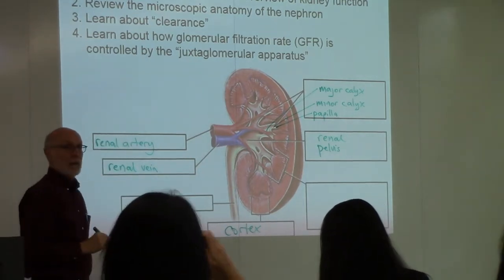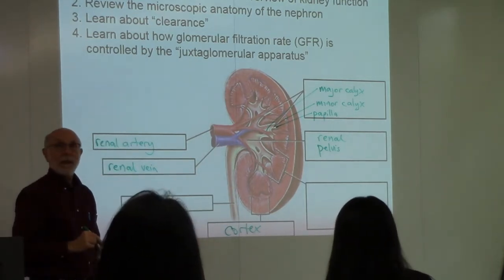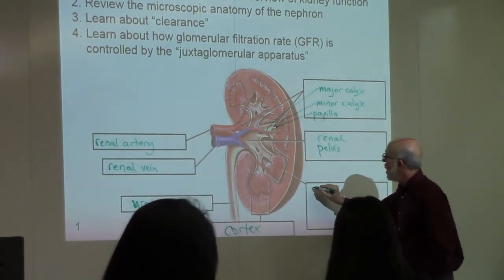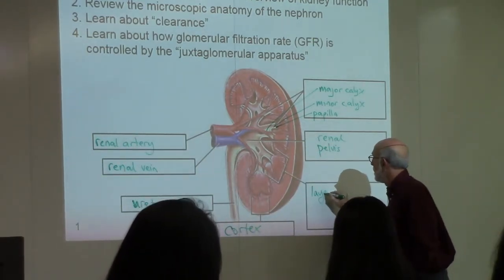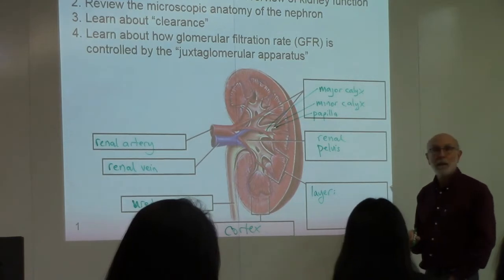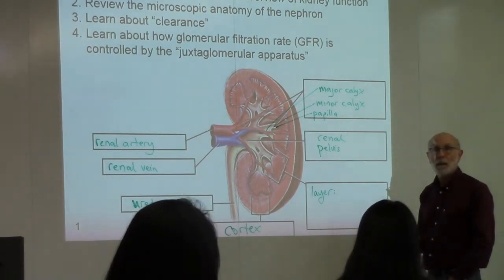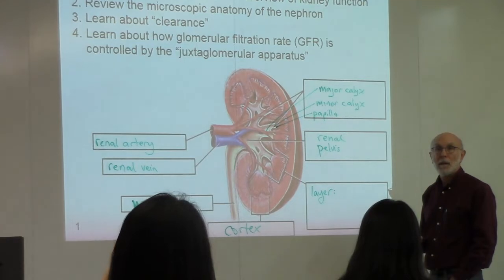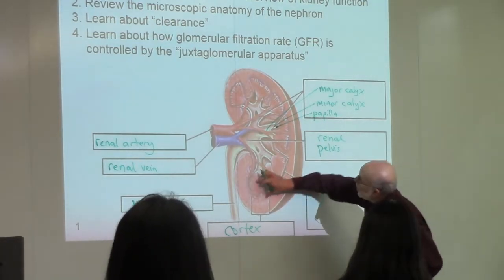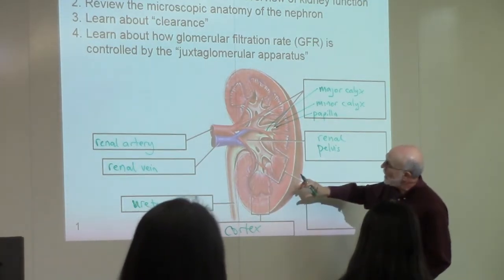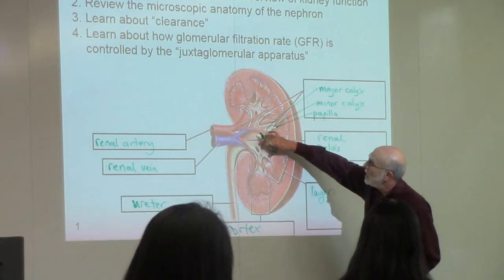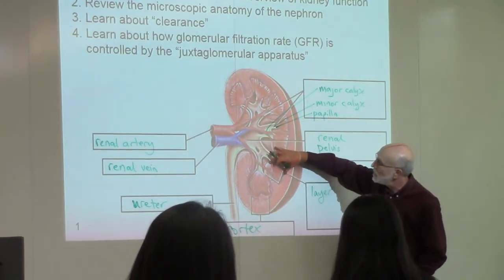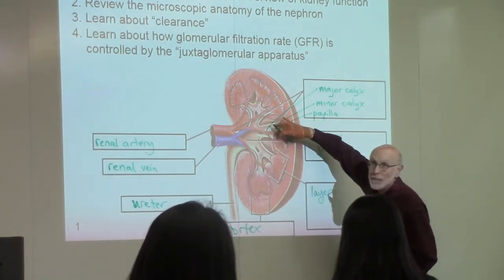The coal-like structure will be the pyramid. Yes, so that's right. So, well, let's think. If we're talking about the layer, what would we call it? What's the layer between the cortex and the pelvis, the calyces area in the middle? What is the name of this layer?